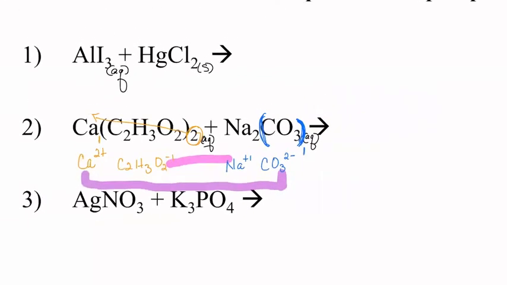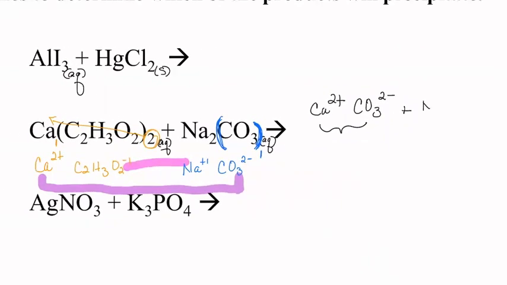So when I write those chemical formulas, this is how they look now. Ca2 plus, CO3, 2 negative. And then we have Na plus 1 combining with C2H3O2 negative 1.